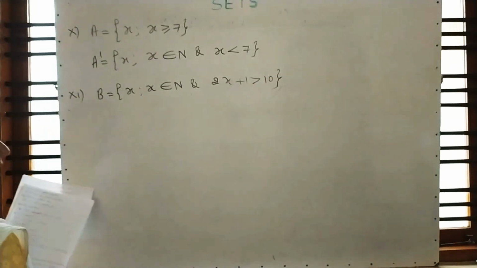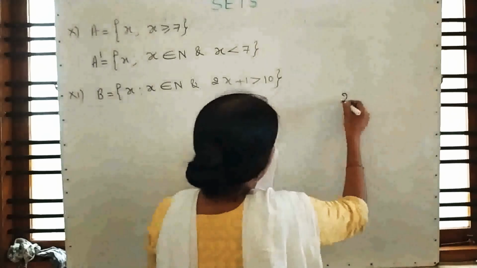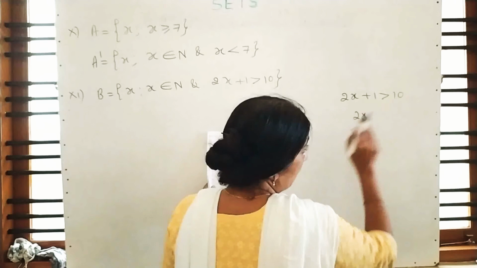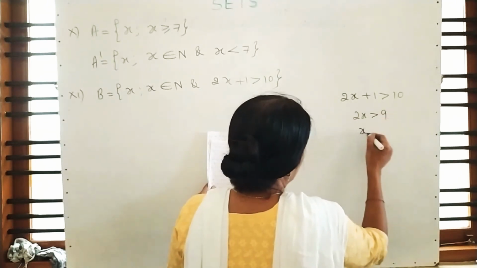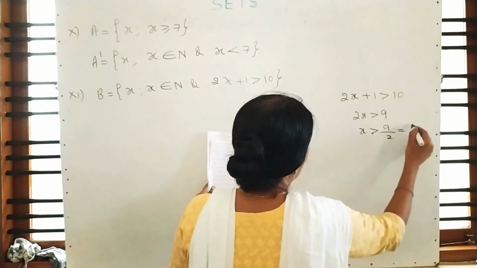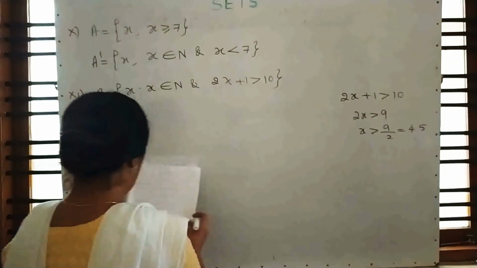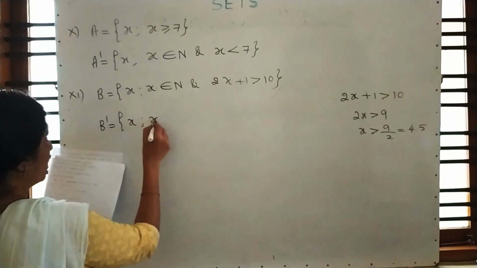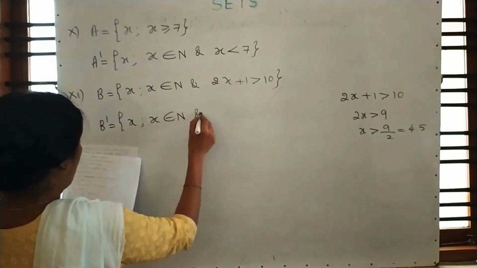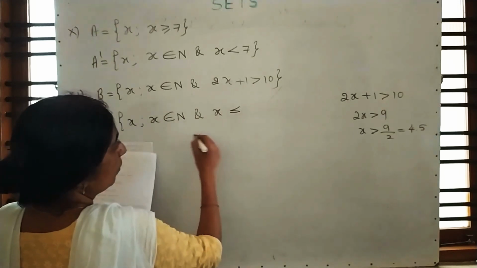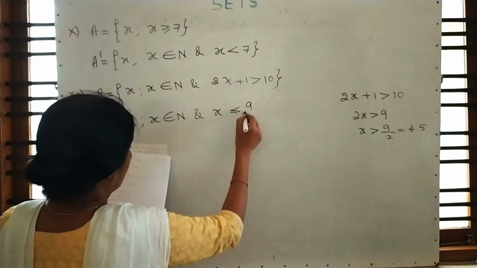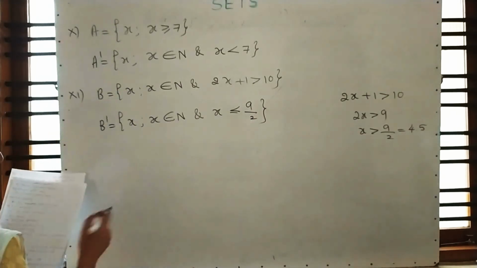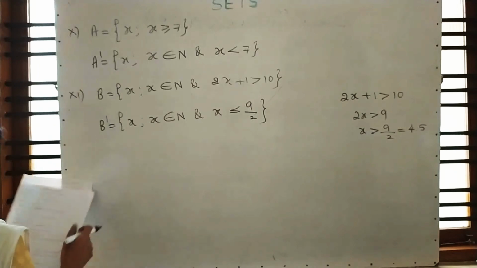When you solve this inequality, we subtract 1 on both sides. It is 9. x is greater than 9/2, that is 4.5. So its complement is x such that x belongs to N and x is less than or equal to 9/2. The equal sign question does not come because there is no decimal in the natural numbers.